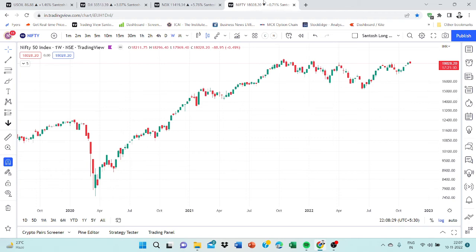But looking at our GDP figures and the rate at which our economy is growing, I don't personally think that Nifty will move further downwards. Rather, it will go up. We will soon see a new high in Nifty. So mark my words.